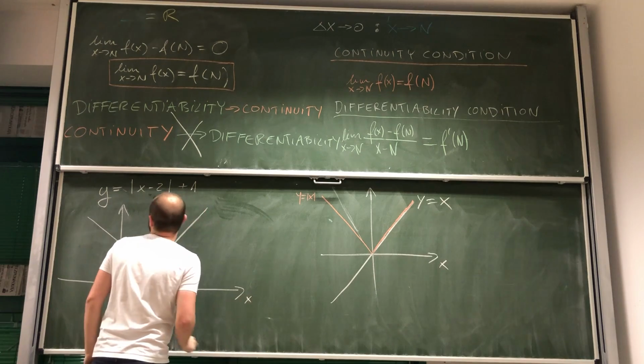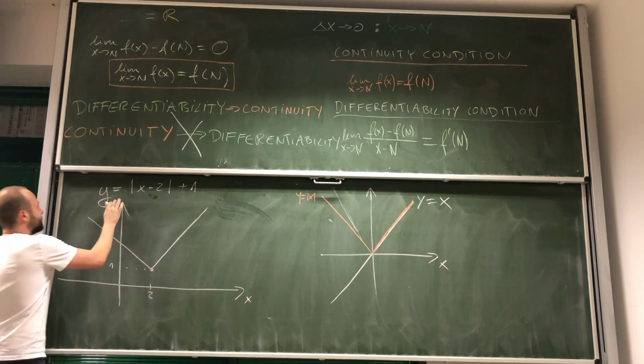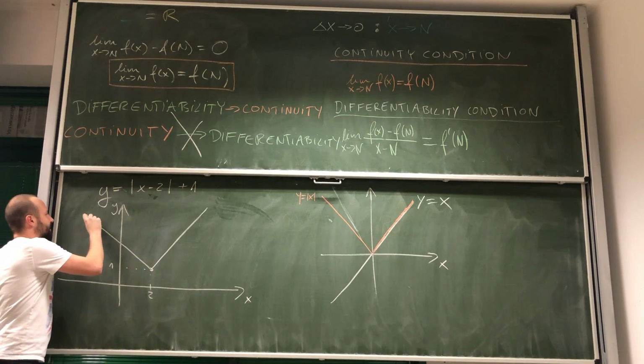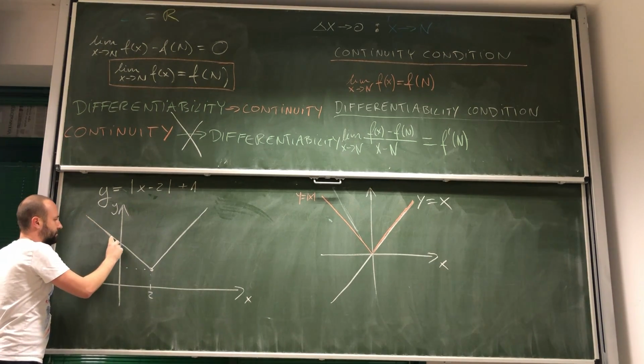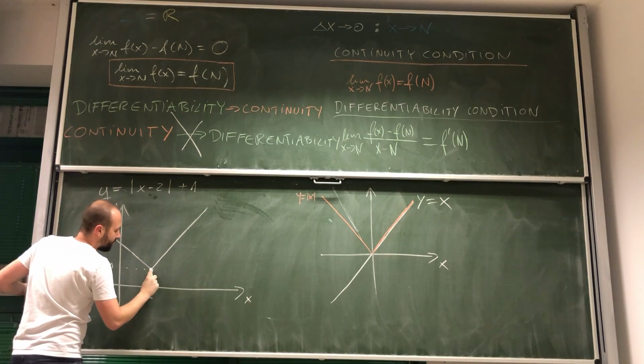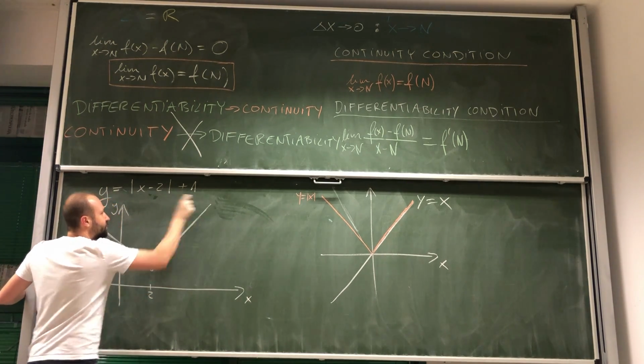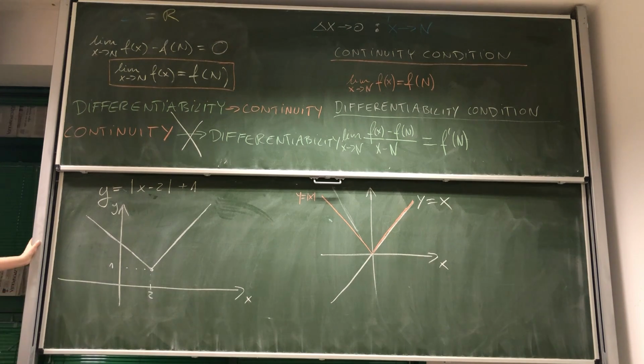Okay. Now, is this function continuous? Well, of course it's continuous, right? How do I know this? Look, if I'm drawing this function, I'm doing it without picking up the chalk.